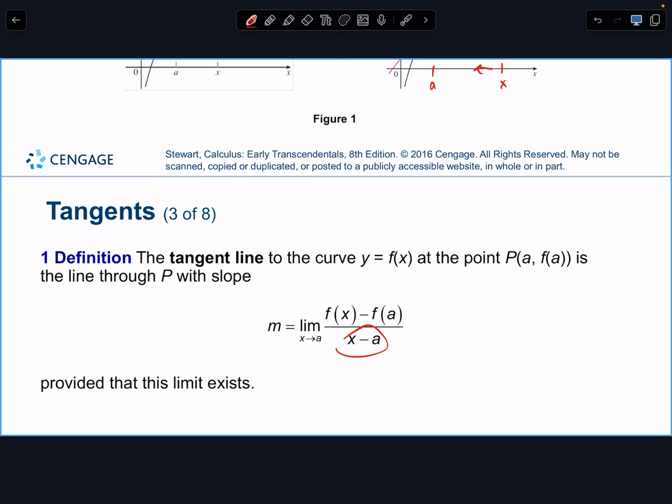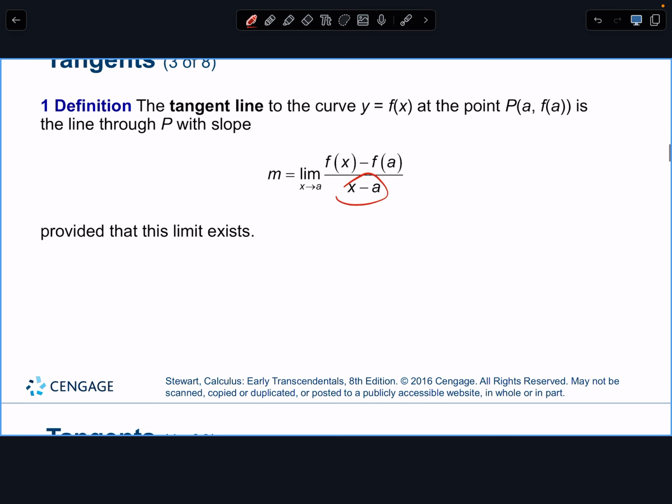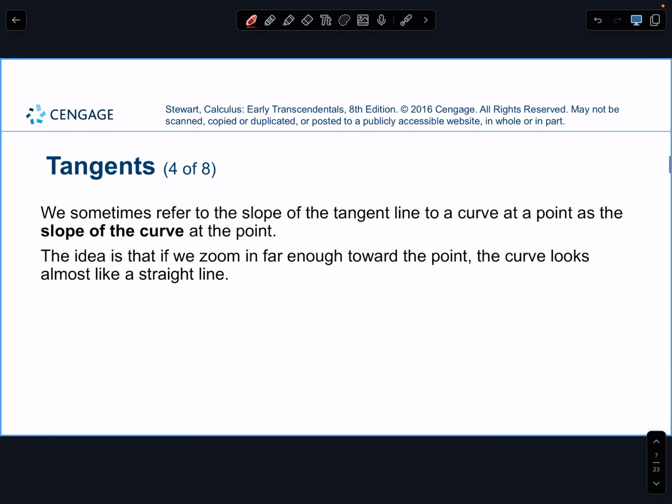It's okay if x doesn't equal a at all. If there's nothing there, it could still be a limit there. And this is why, because we're going to have a 0 in the denominator. There's not going to be anything there. It's just when x is close to a that you'd have a fraction like this. But it's okay, because there's still a limit there.